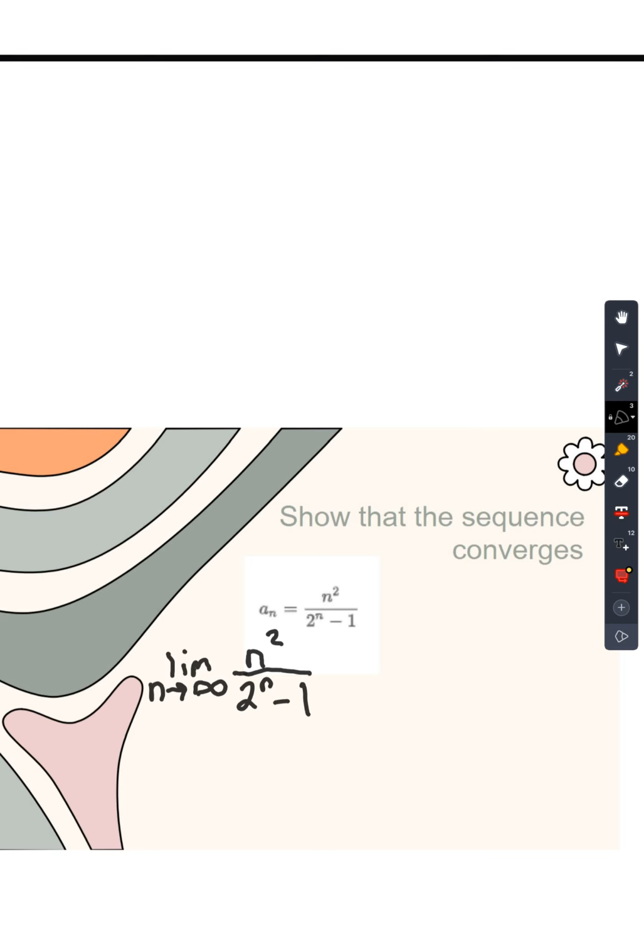As always, remember, I can't technically direct substitute infinity, but we can think about what the behavior of the top and the bottom would be doing. If I plugged in, quote unquote, infinity, n squared is still just a big infinity. On bottom, I have 2 to the infinity, which is an even bigger number. If I subtract 1, not doing all that much. So we get infinity over infinity, which is one of our indeterminate forms, and it's already a fraction. So we can go ahead and use L'Hopital's rule.